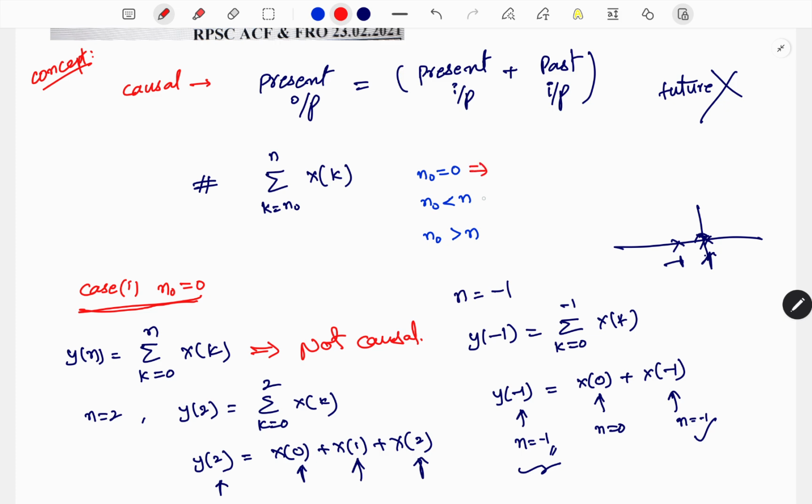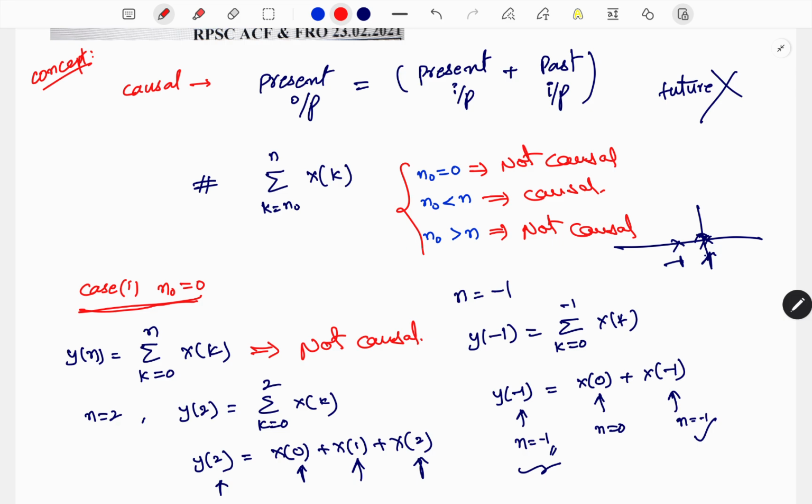We will see it like this also for n0 greater than n. This is also not causal. If we substitute some values, we will get not causal. Here also not causal. In one case it comes as causal, but by taking all the options of n0, we can conclude this is not causal.